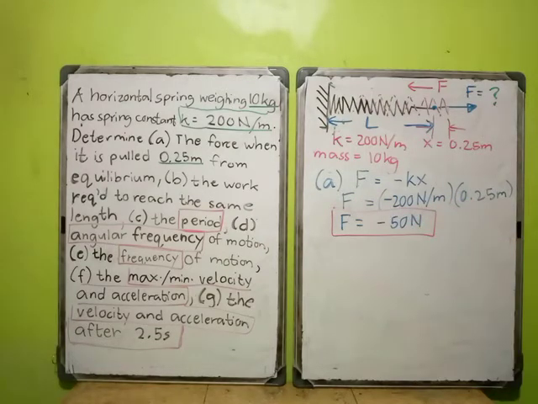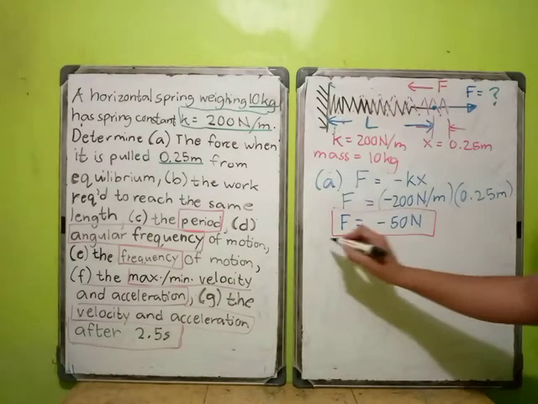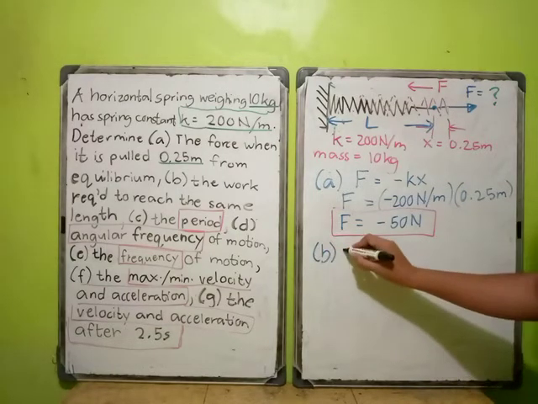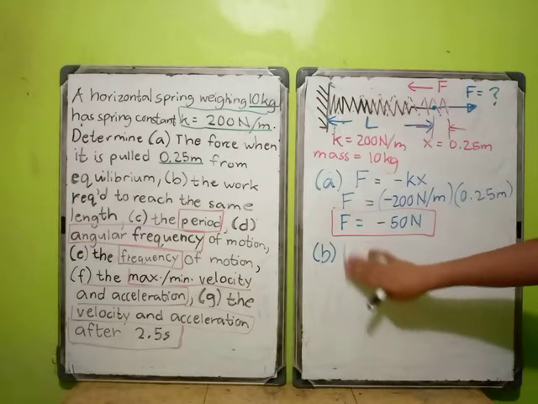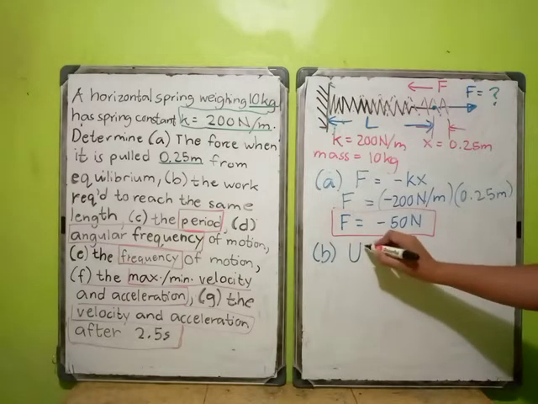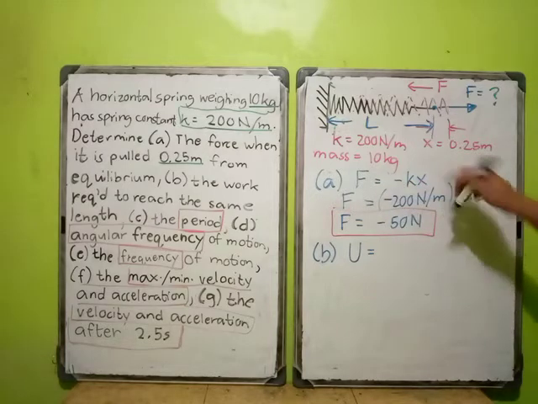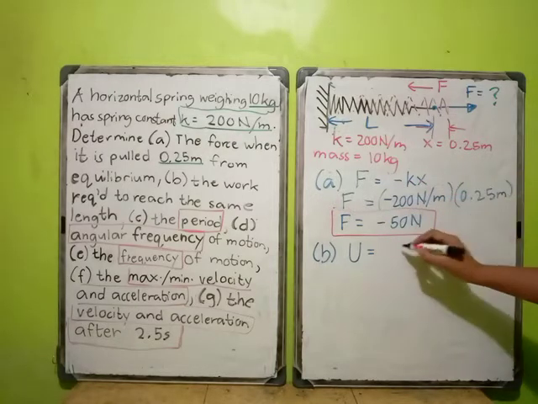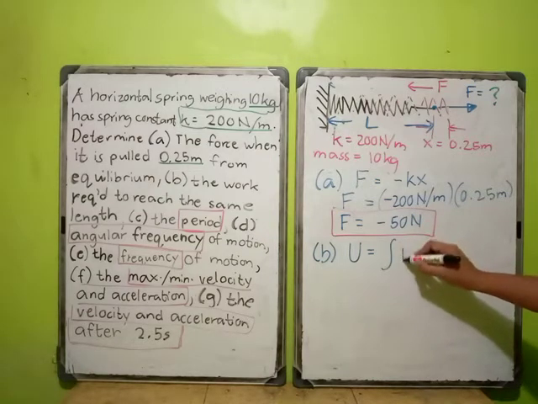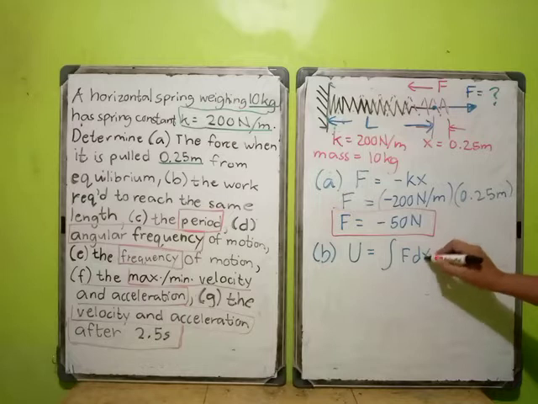Okay, so for letter B, the work required to reach the same length. Okay, so ganito lang din yan. So, usually, yung work or the U is equivalent, actually, it is equivalent to the integral of force dx.